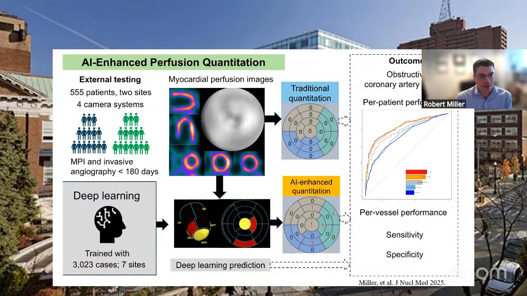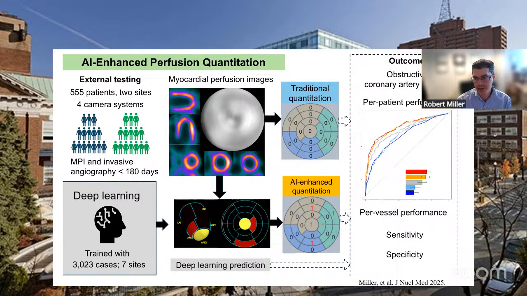We went on to try to modify this to make it work better for readers. A lot of people are used to just the sum stress scores that come up automatically with software. So this study used the GradCam predictions and the per vessel probabilities to modify software scores incrementally.